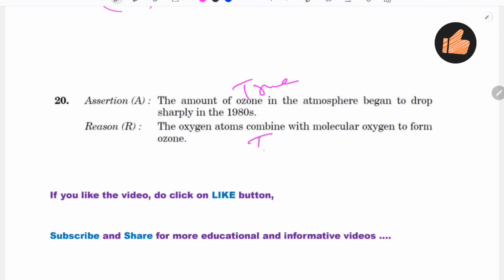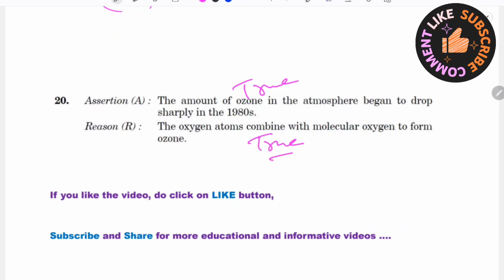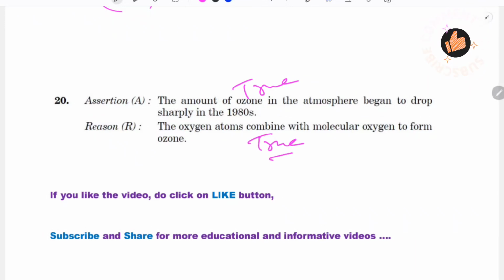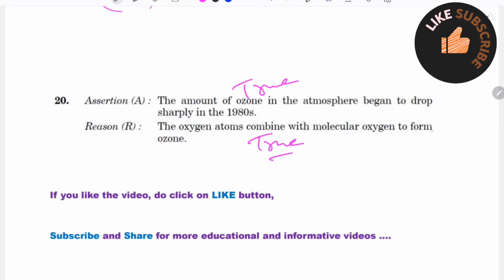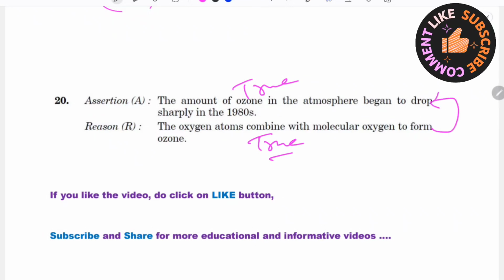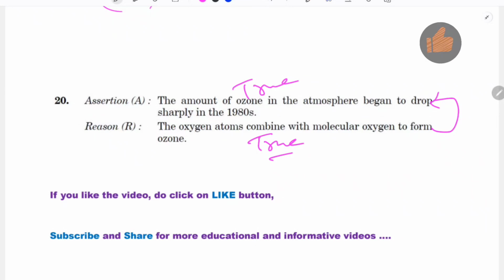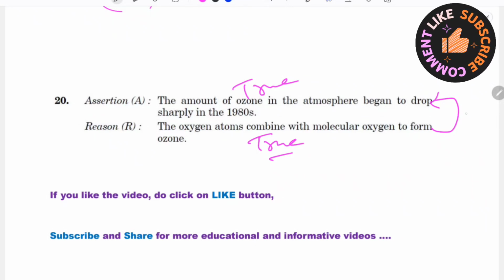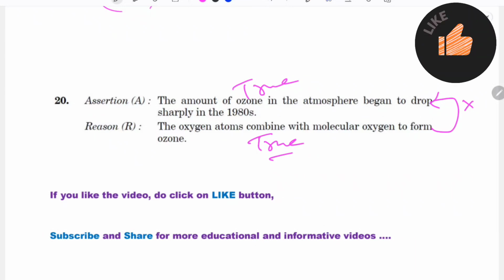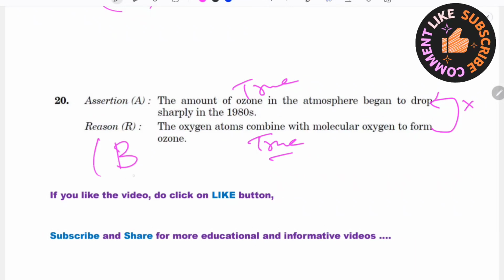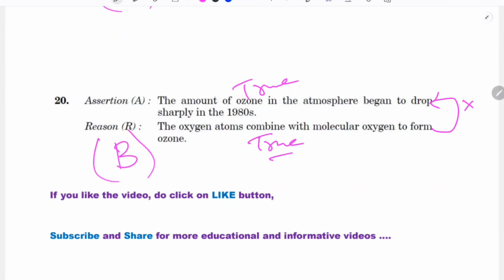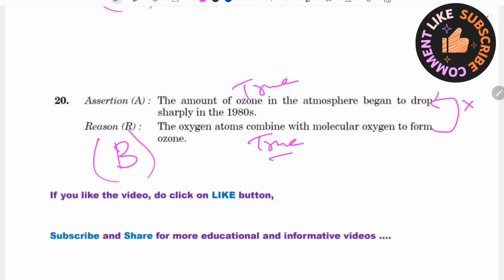This is also true. But is this the reason for the drop in the 1980s? No, this is not the reason. Both are true, but this is not the reason. So the correct answer here is option B. Assertion A is true, R is true, but R is not valid for the given assertion.